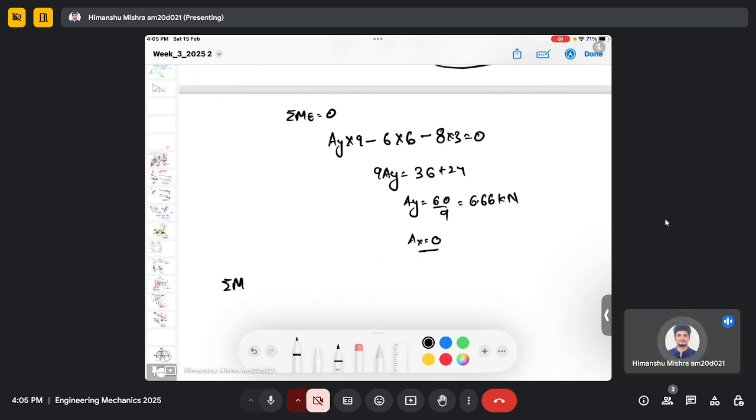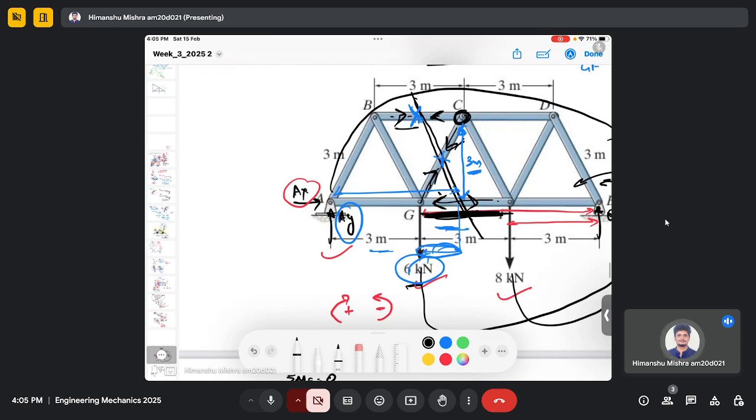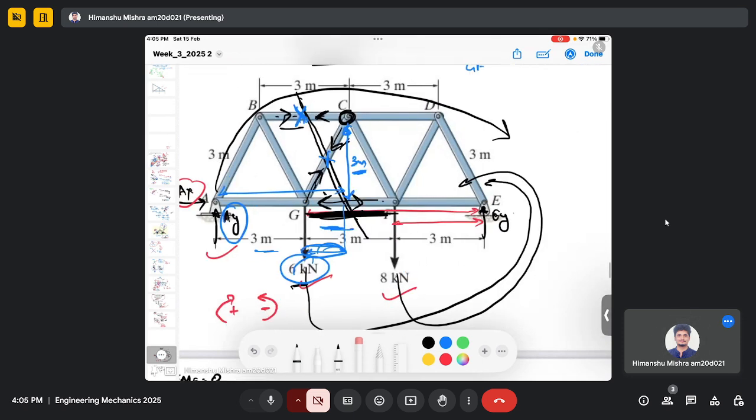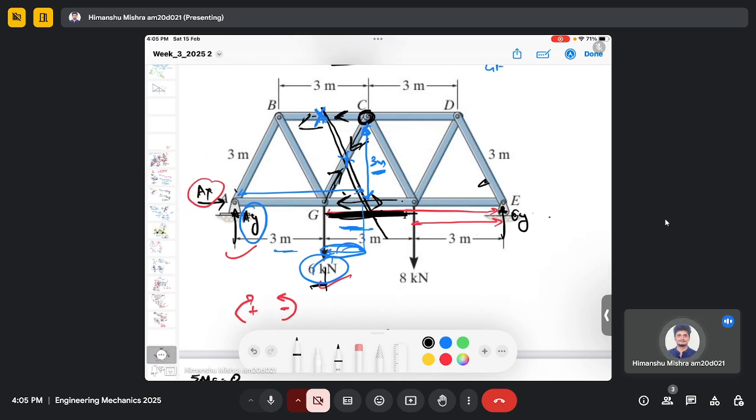So if I take the summation of moments about point C, which equates to 0, then AY rotates in a clockwise manner about point C, it's rotating like this.